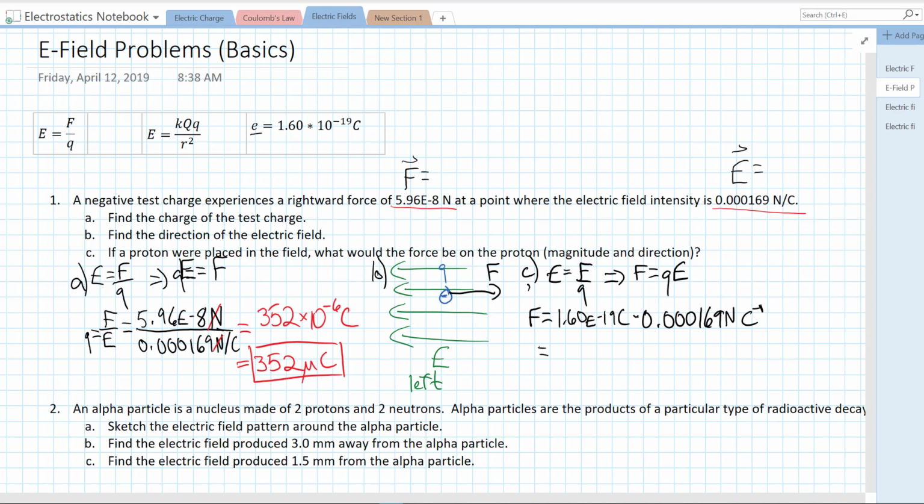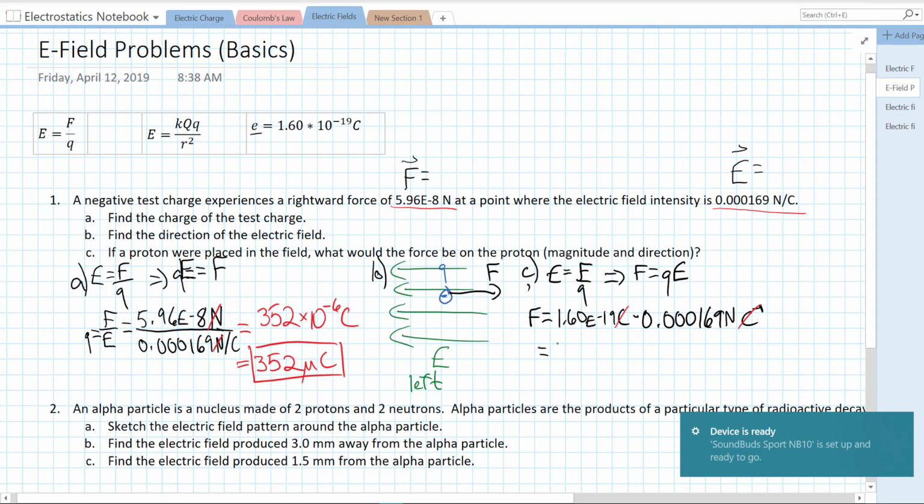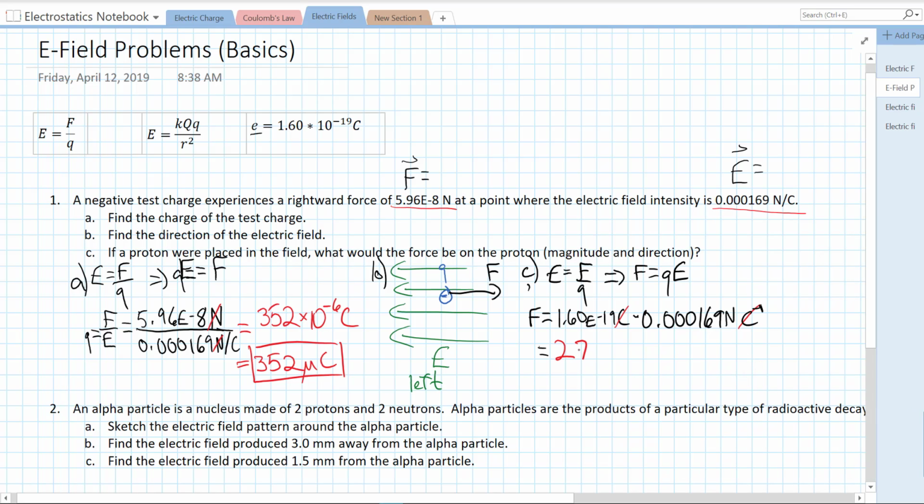Coulombs and coulombs to the minus 1 cancel. We end up with our final answer, 1.6 times 10 to the minus 19 times 0.000169 gives us a pretty small force of 27.0 times 10 to the minus 24 newtons.